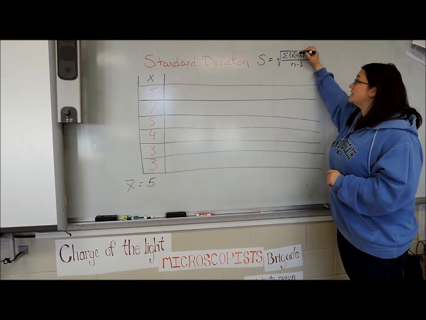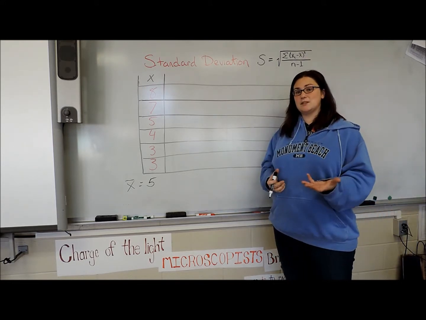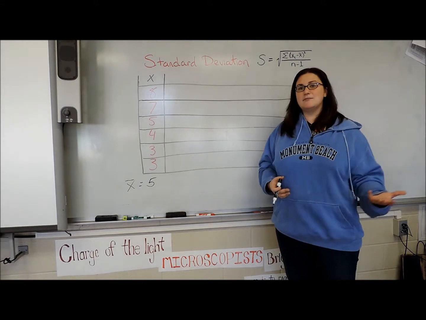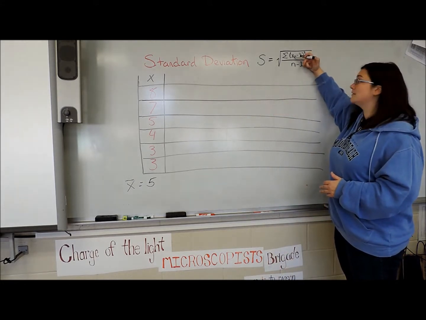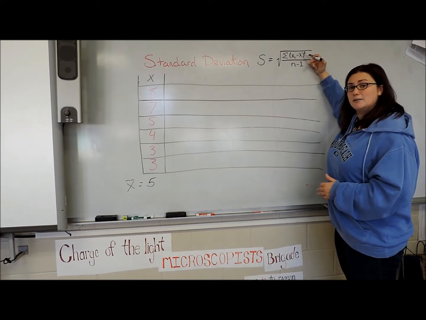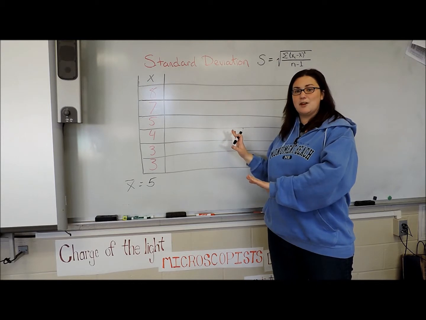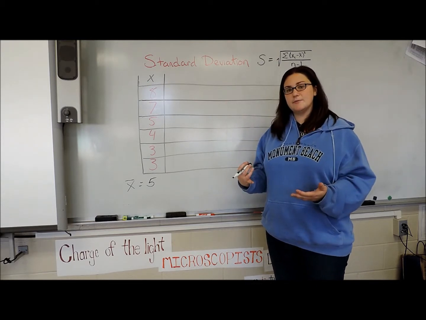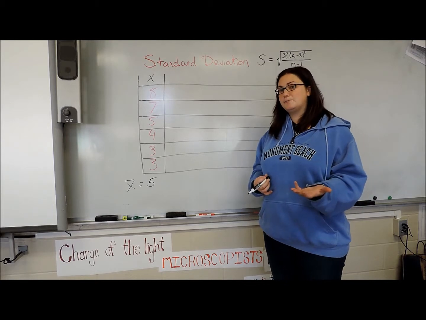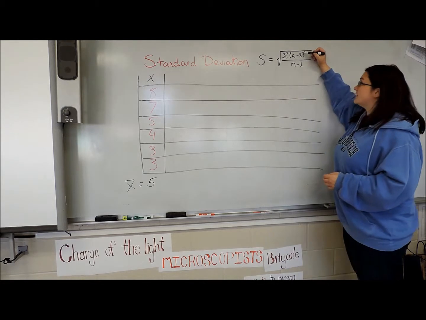So what you can see is we've got x_i. Whenever the AP equation sheet uses i, they're talking about some individual point or the initial point. So here we've got our x's minus x bar. So the values we have minus the average value, which, if you think about it, is how far something deviates from the mean. It's going to be good to know how far each point is from the mean. And so that's what this is in here.